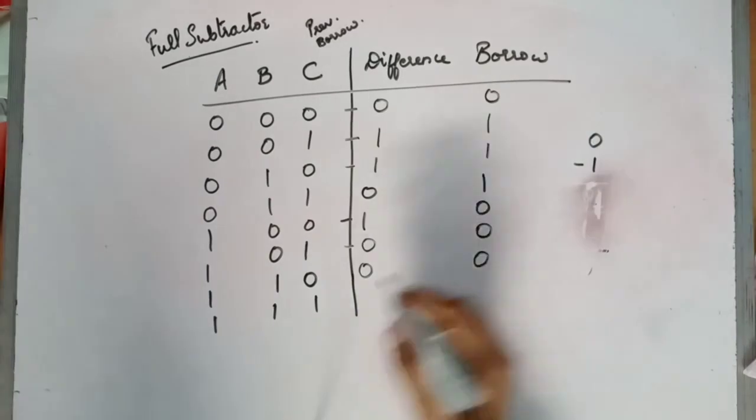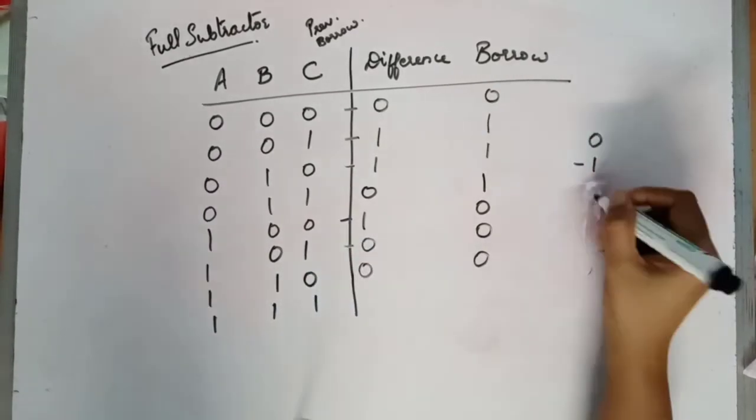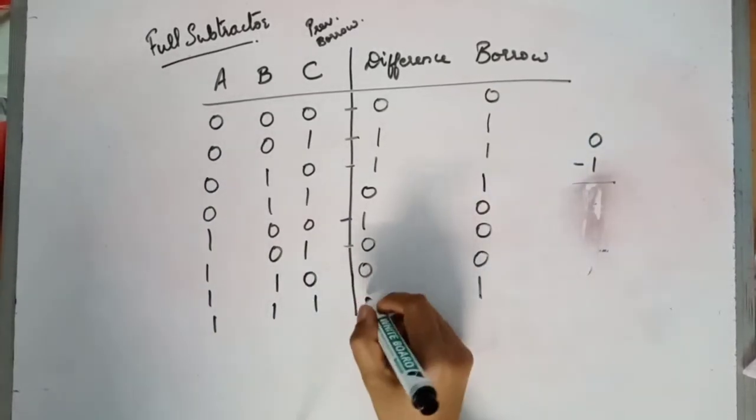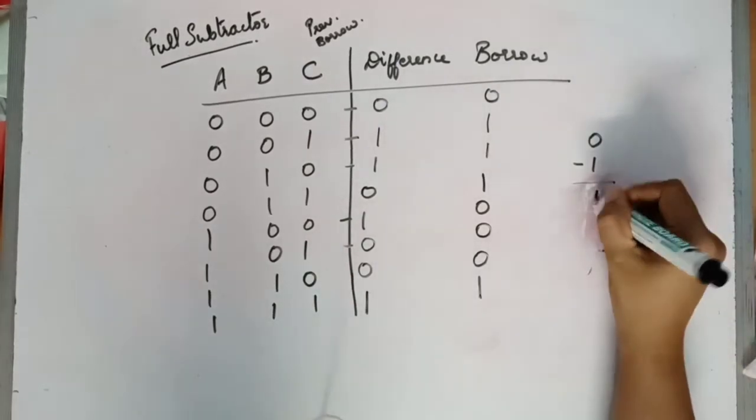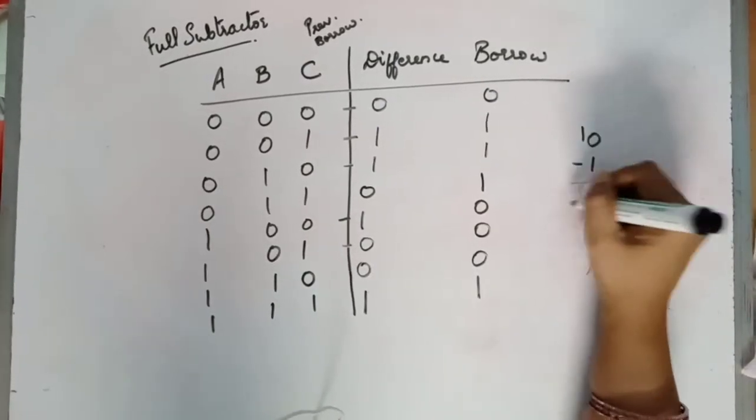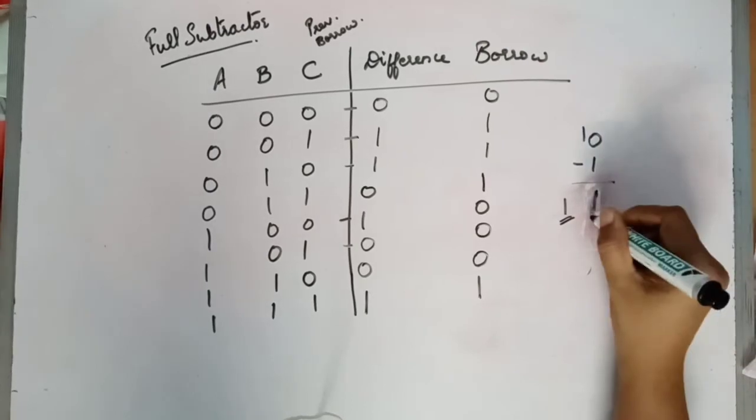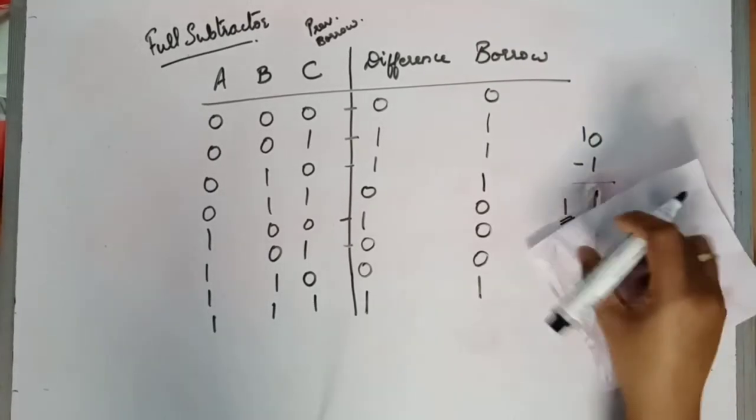Then 0 minus 1, 0 minus 1, that will be borrow 1, and you have to borrow, then only you will get a 1. So you have a borrow, and the difference is also 1.